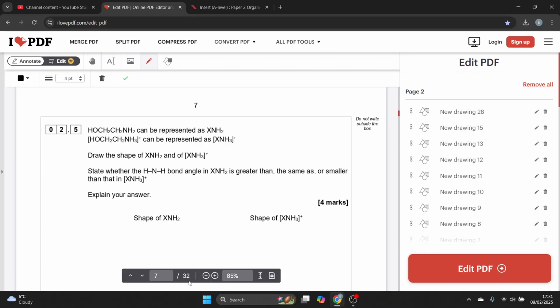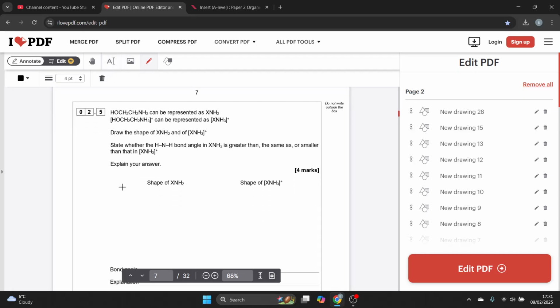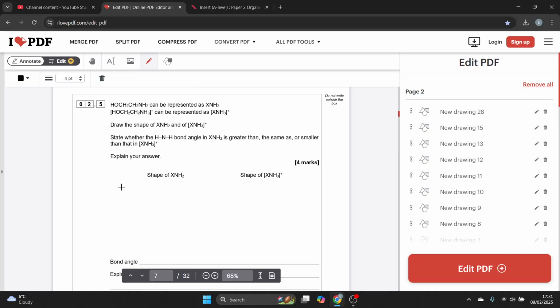Draw the shape of XNH2 and XNH3+. So XNH2, so you've got your X, N, H, H, and you've obviously got your lone pair of electrons.